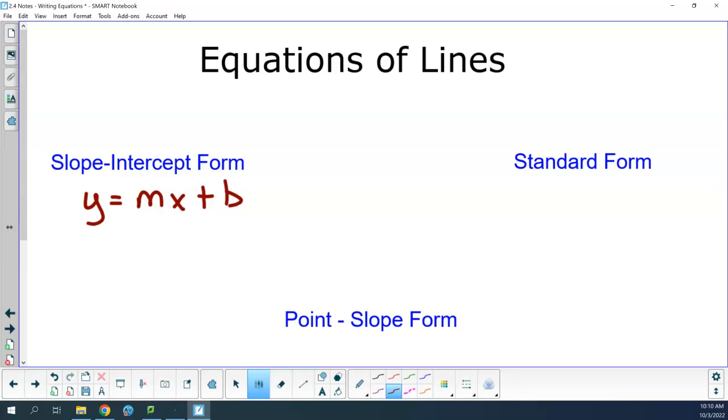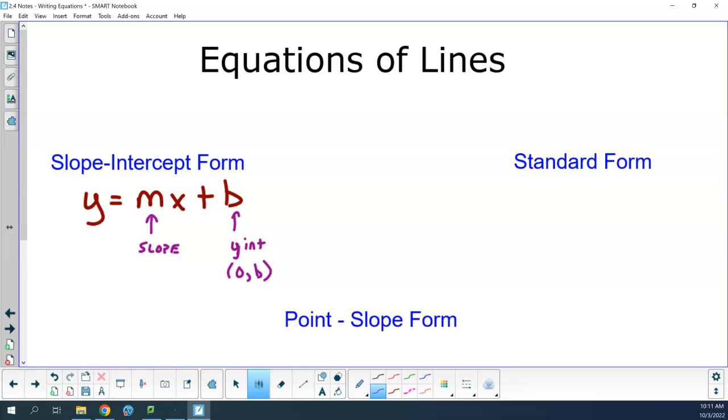The slope-intercept form has just that in it. It has the slope, and it has the y-intercept, which we write then as the point 0, b, if we ever had to.